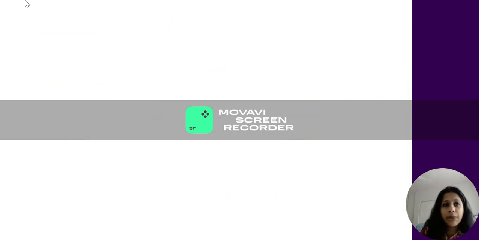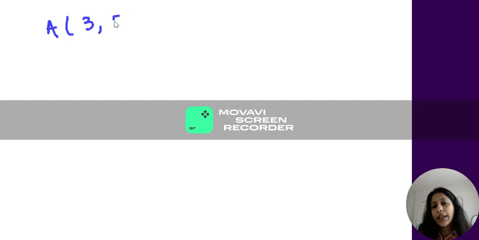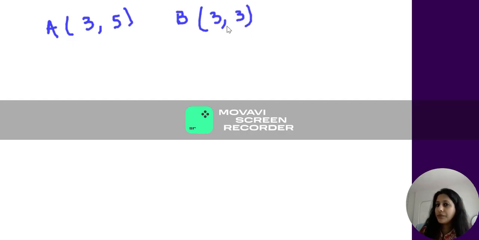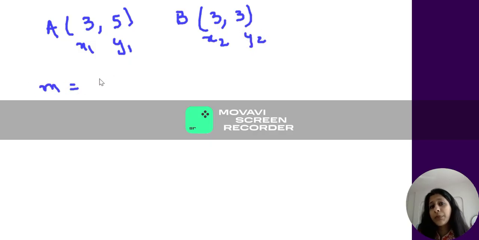Let's take one more example now. This time I'm taking A as 3 comma 5 and the point B as, let's take it 3 comma 3 now. Let's again label x1, y1, x2, y2. So my gradient comes out to be y2 minus y1, which is 3 minus 5, and x2 minus x1, that is 3 minus 3.